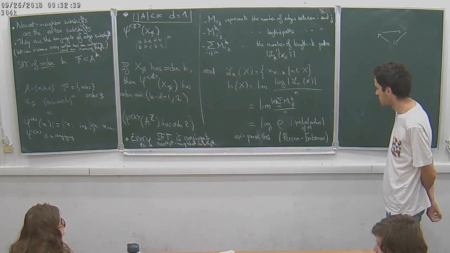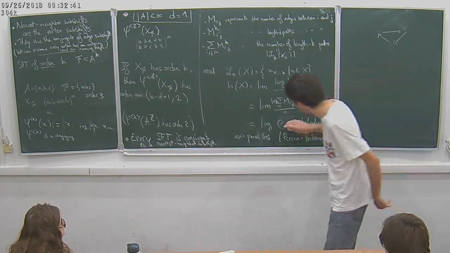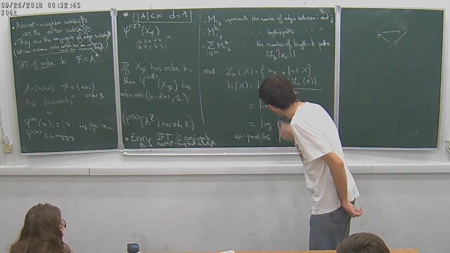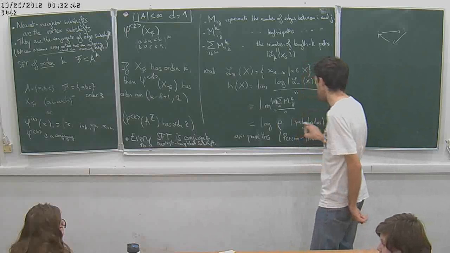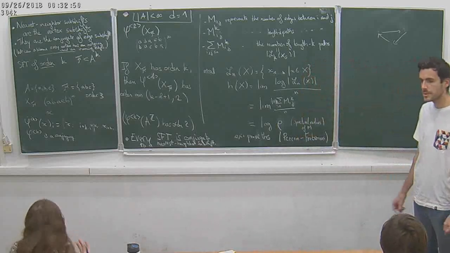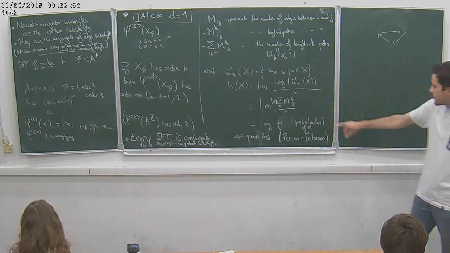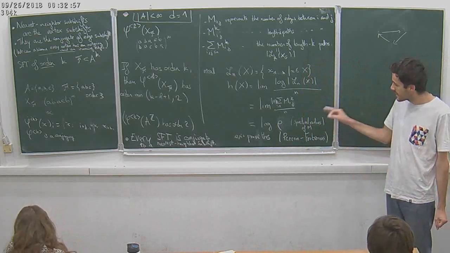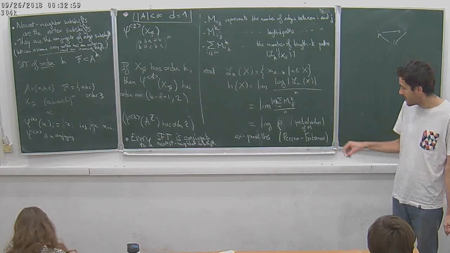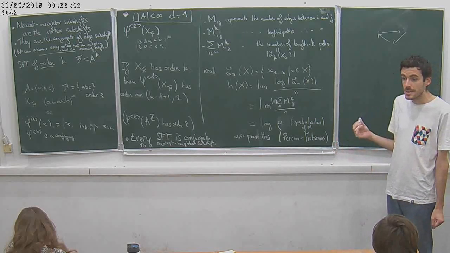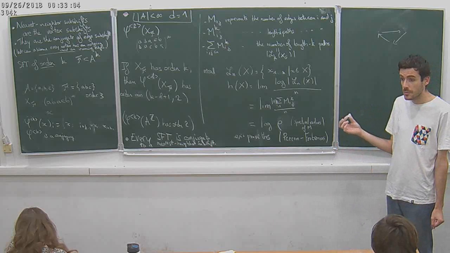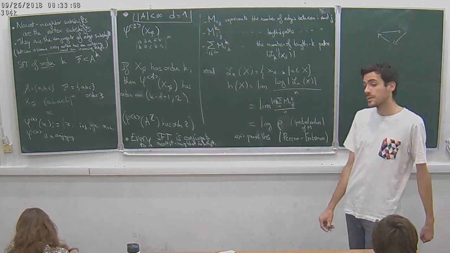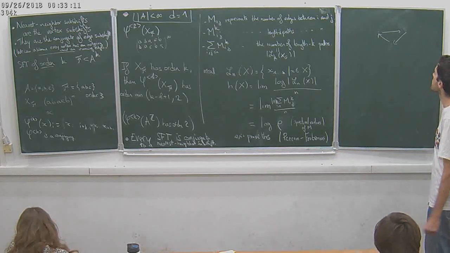What does this letter mean? It's not an e, it's a rho, the usual letter for the spectral radius. Spectral radius is the maximum modulus of an eigenvalue, but in this particular case, where you have matrices with non-negative integer entries, the spectral radius is actually an eigenvalue.